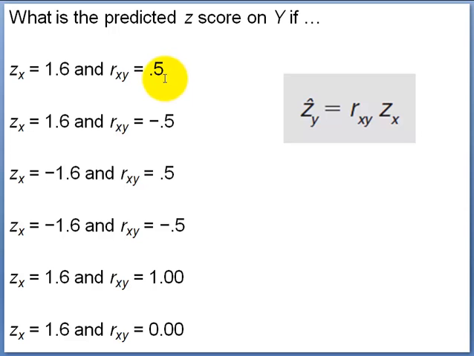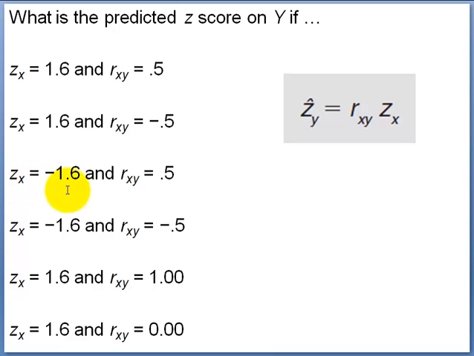So we multiply 1.6 times 0.5 and we get 0.8. So in this first example, our predicted z-score on y is 0.8, that is to say we predict that the case's z-score on y will be 8/10 of a standard deviation above the mean.